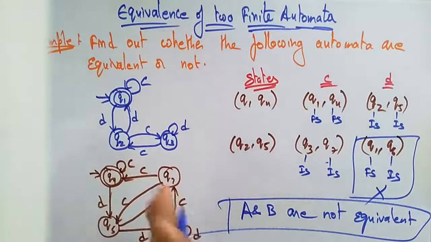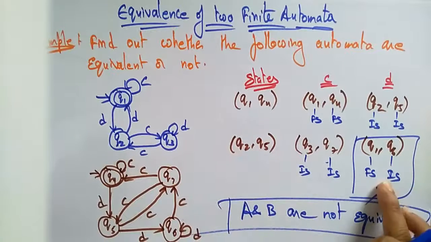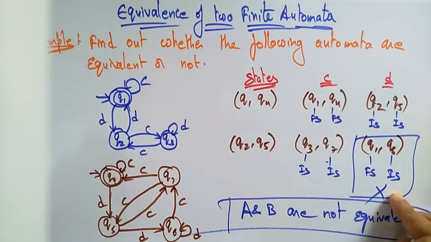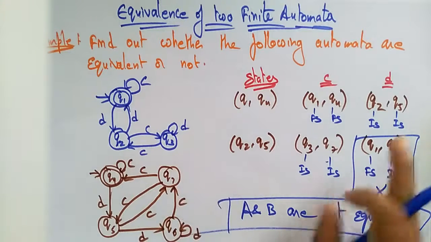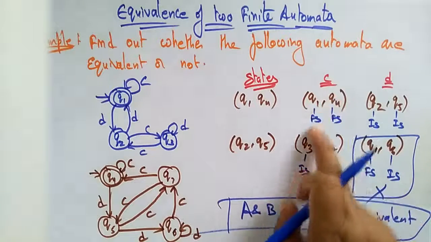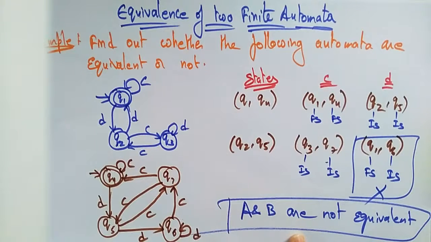Here also, if one pair shows one state final and the other intermediate, then you can say automata A and B are not equivalent, and there is no need to check the remaining states. But if equivalence comes, you need to check the entire set of pairs, because maybe in the middle he may make some mistake.